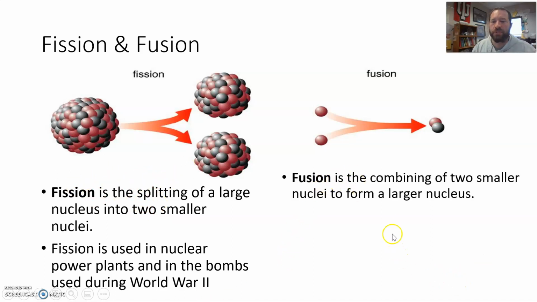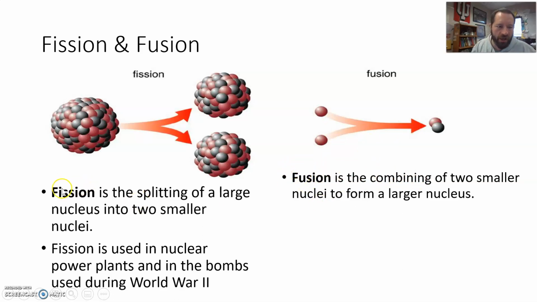Fusion is a little bit different. Fusion is the combining of generally two smaller nuclei to form a larger nucleus, one larger nucleus. And I always think of the ü here. I think of that German symbol that has two dots above the u. And I think of those two dots colliding in fusion to make the larger nucleus.